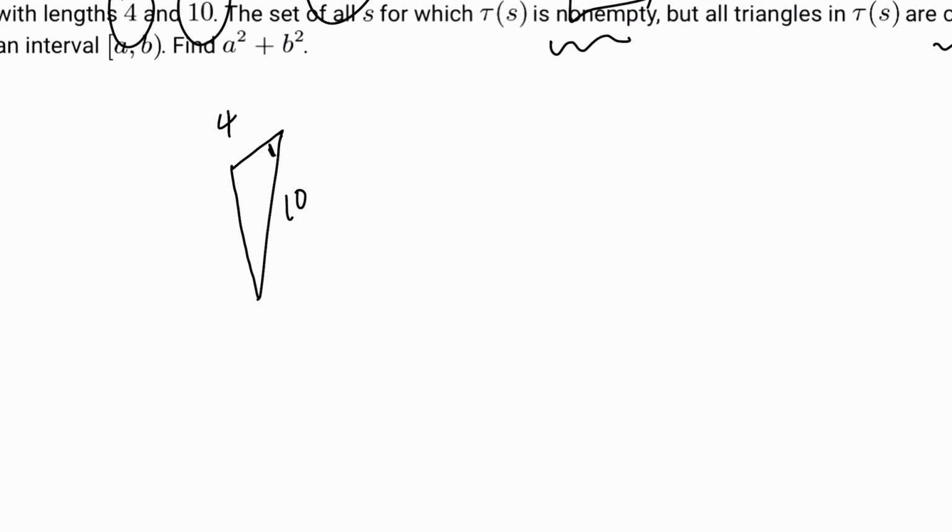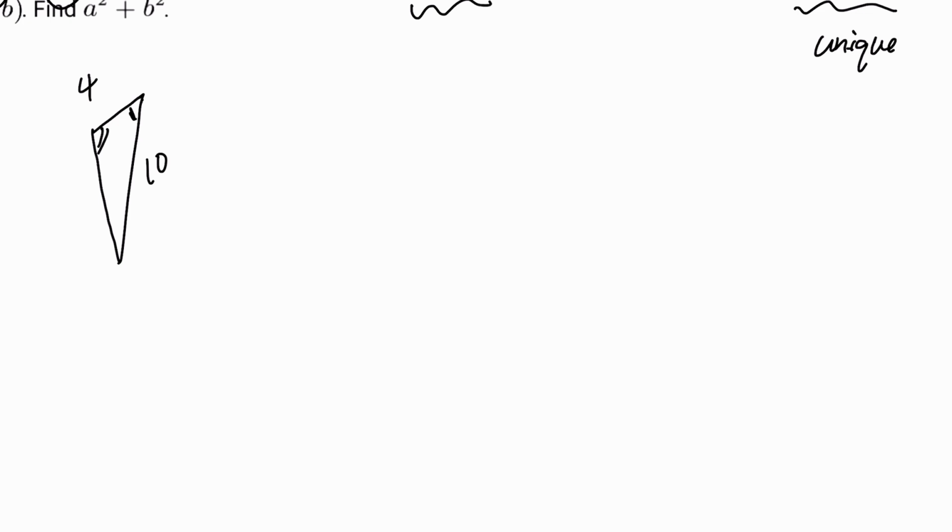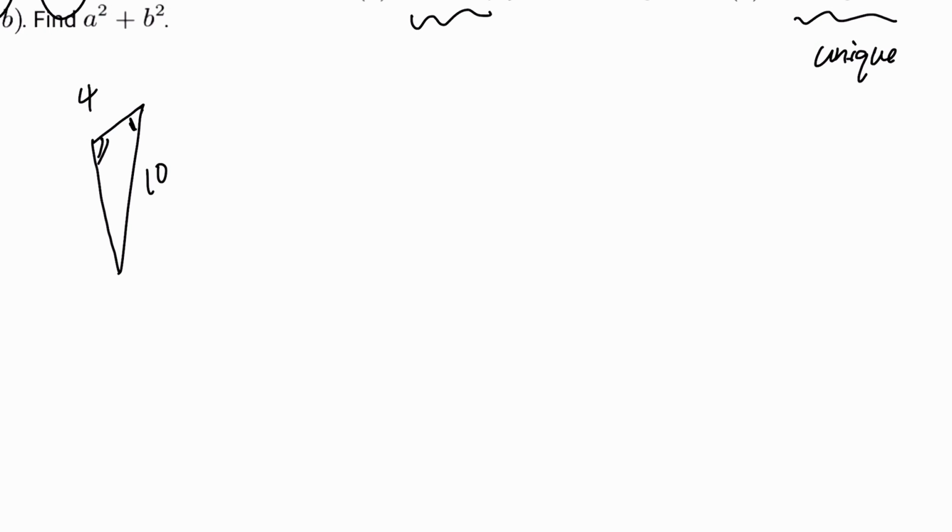This looks like 4 and this looks like 10, and this is an obtuse triangle. We could also have the obtuse angle over here, and it goes like 4, 10, and another side, we'll just take x as a variable.